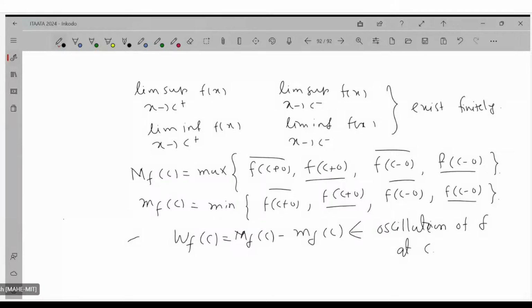You can see what will happen if a function is continuous at a point c. The oscillation value will be 0, because all 4 will be equal for a continuous function. Obviously it should be defined at the point c. If it is not defined, then it will not be like that.